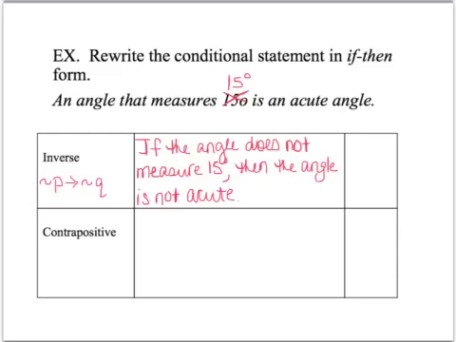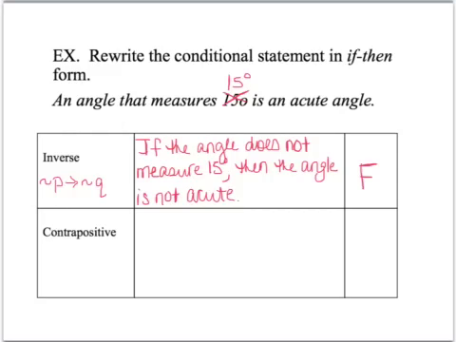Is that true? So think about it. Can you provide a counterexample? The counterexample must show that the hypothesis is still true, but the conclusion is false. So if the angle does not measure 15 degrees, is it not acute? That's false, because it could measure 30 degrees, right? And it could be acute. So that one is going to be false.